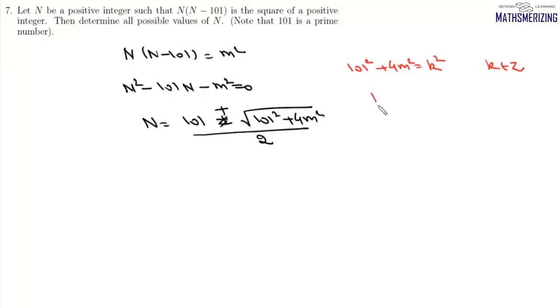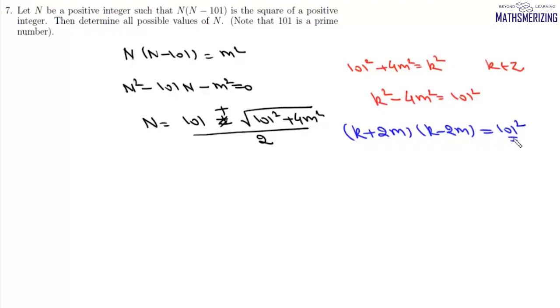Now we can write k square minus 4m square equals 101 square. Now we can write this as k plus 2m into k minus 2m equal to 101 square. Now this 101, it is a prime number.